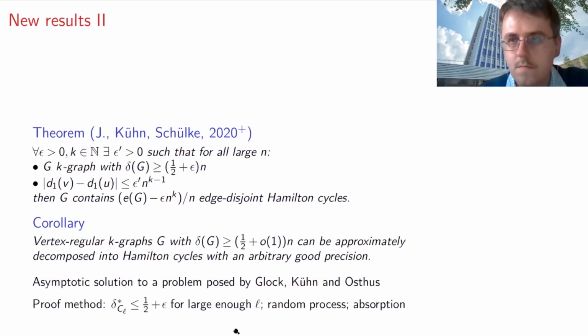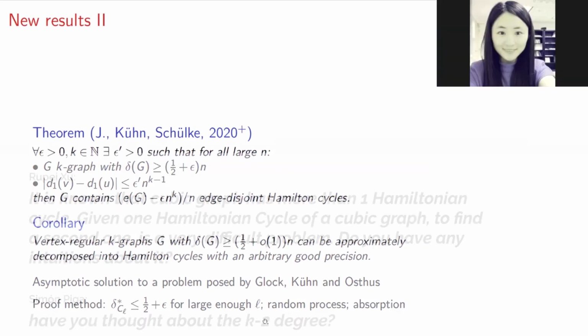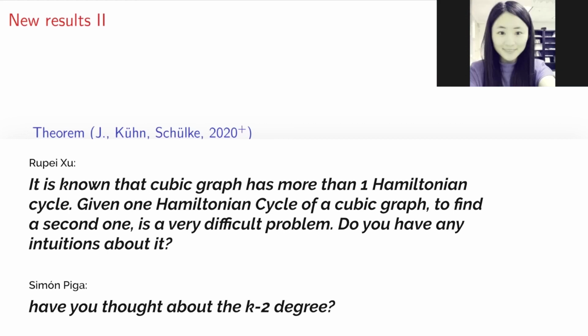Hi, Felix. I have a question. According to Smith's theorem, if a cubic graph has one Hamiltonian cycle, then it has another one. However, given the first Hamiltonian cycle, finding the second one is a very difficult problem. Do you have any intuitions about that?